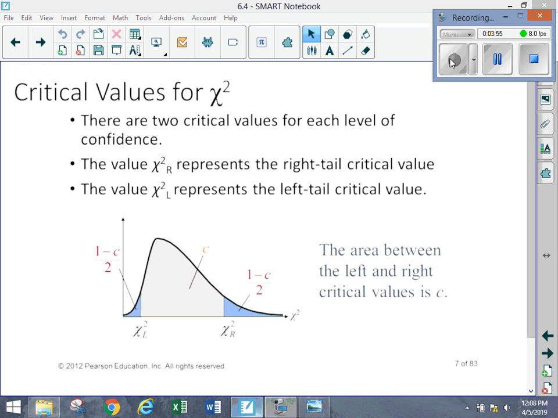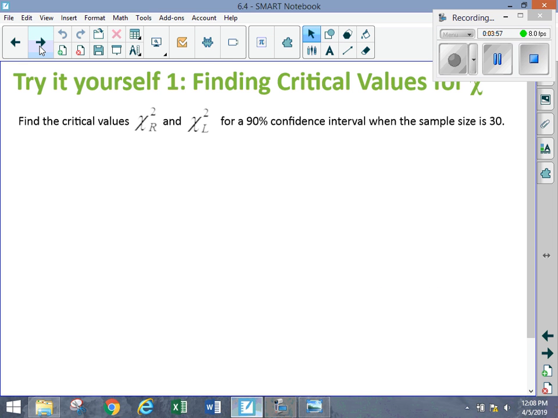So let's put this to work. Let's find some critical values for a 90% confidence interval.